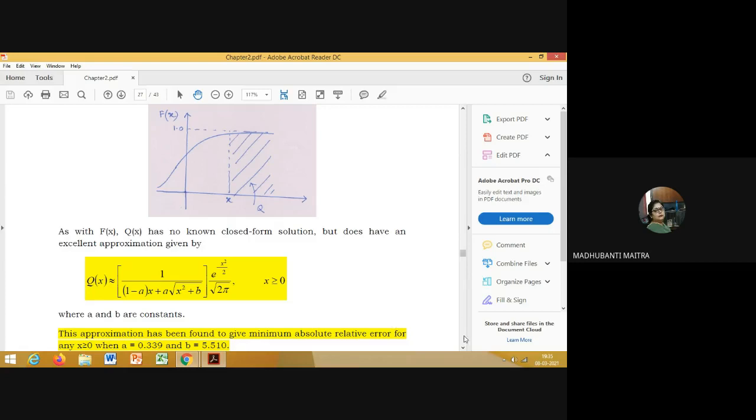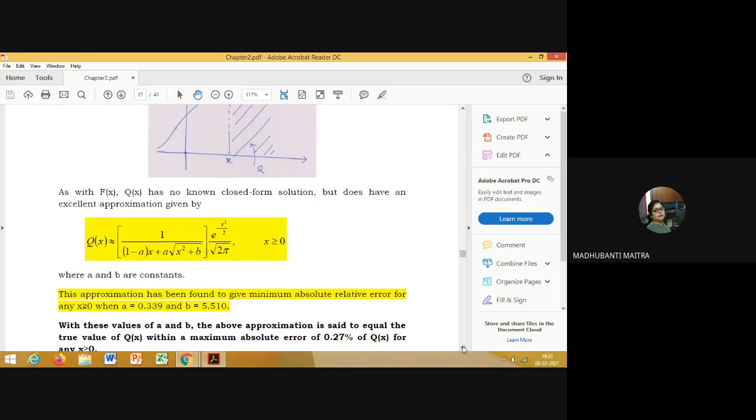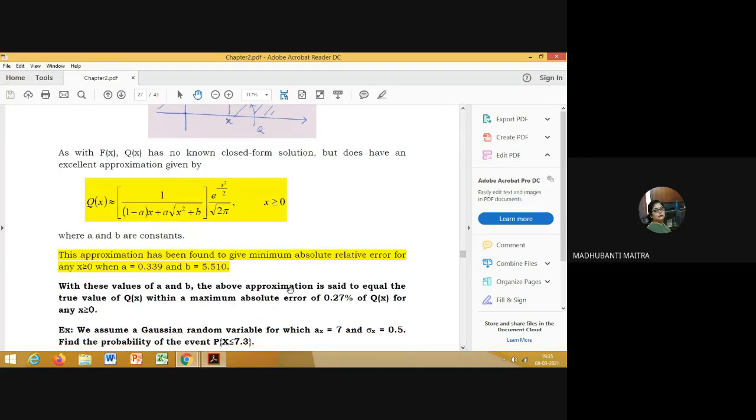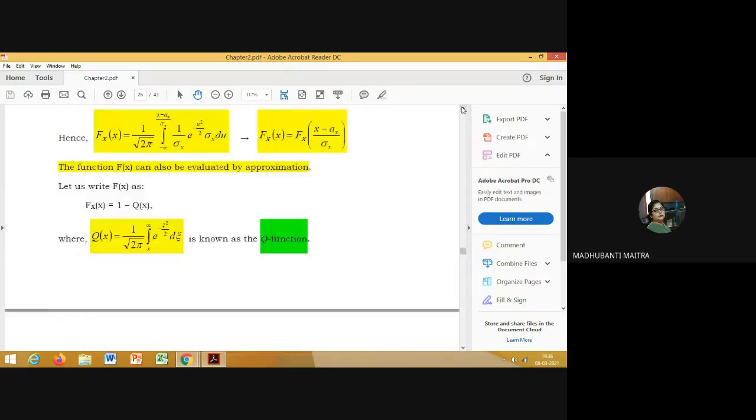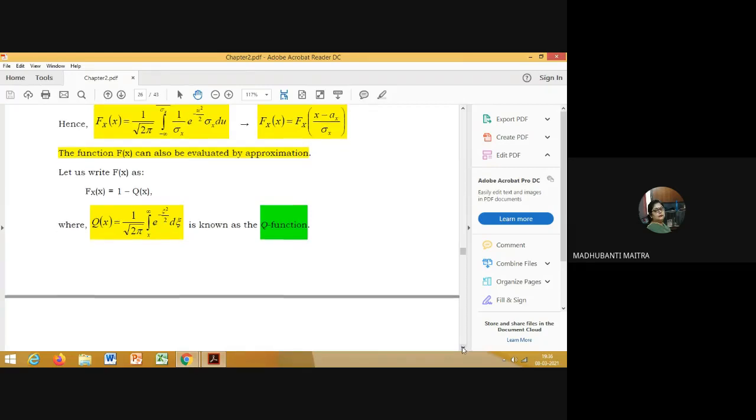Right? We can have different values of a and b, but empirically it has been found that if we choose the value of a to be equal to 0.339 and the value of b to be equal to 5.510, then Qx will give us a very good or near accurate result of that integration, which is known as the Q function or Gaussian integral.